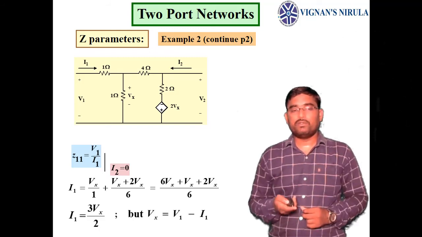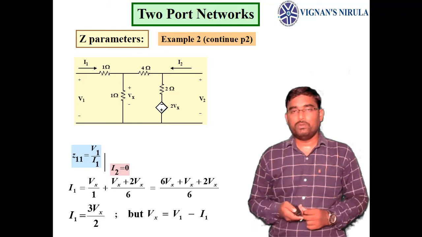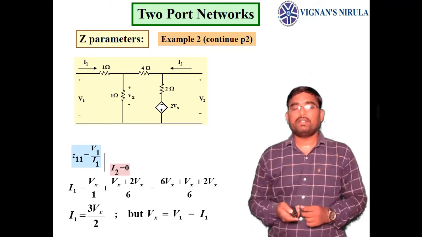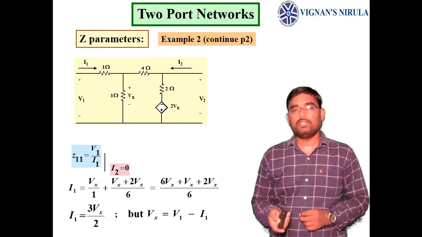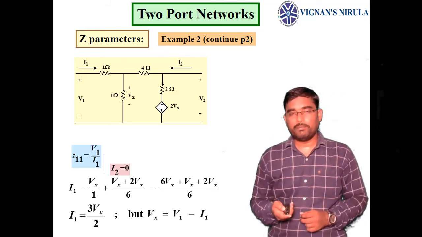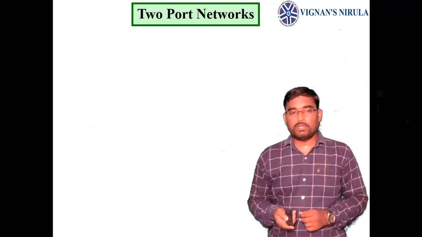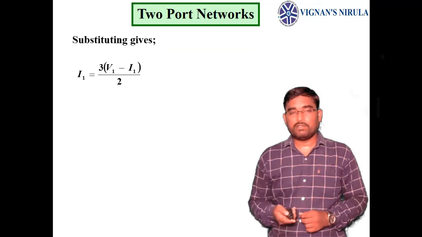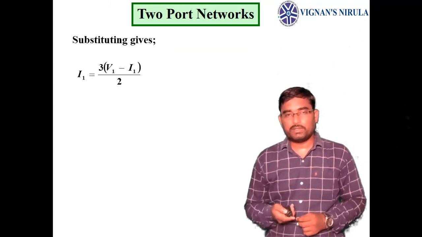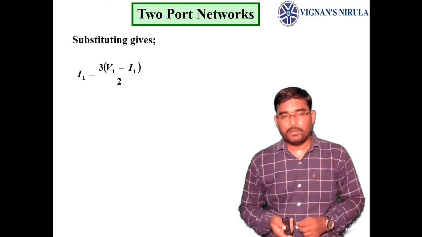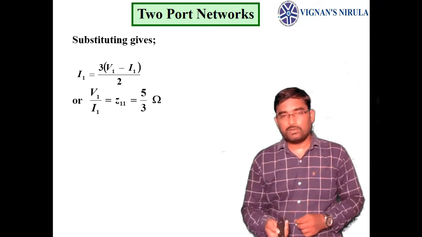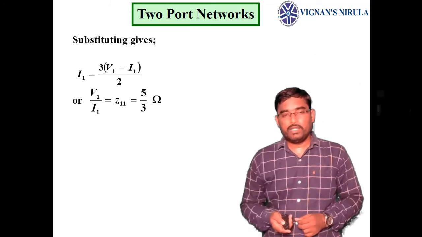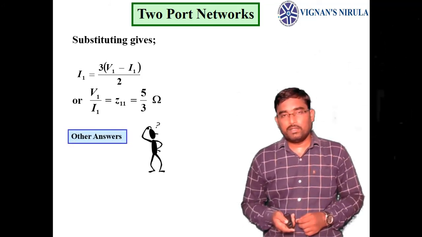Together it gives I1 equals 3 Vx by 2. But from the circuit we can write Vx as V1 minus I1 into 1, which becomes V1 minus I1. Putting this in the equation, I1 equals 3 into V1 minus I1 by 2. So V1 by I1, which is Z11, equals 5 by 3 ohms. In this way we can find Z11.